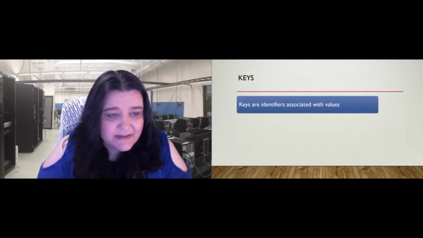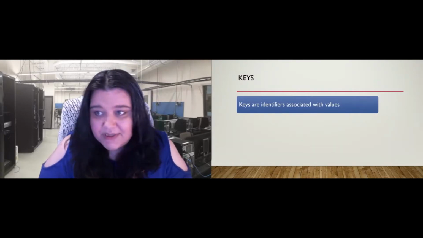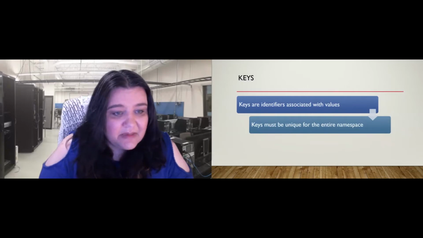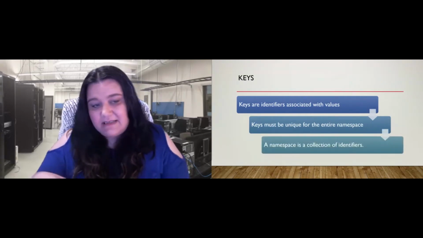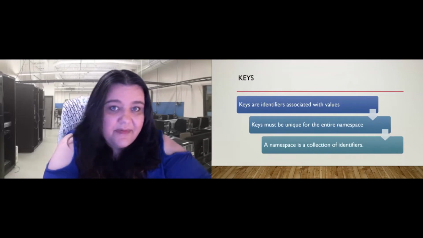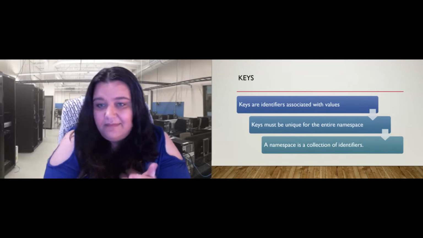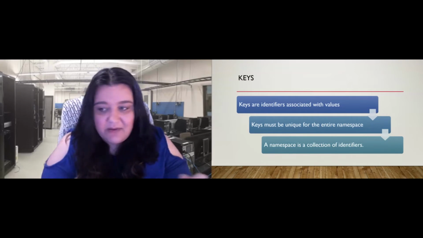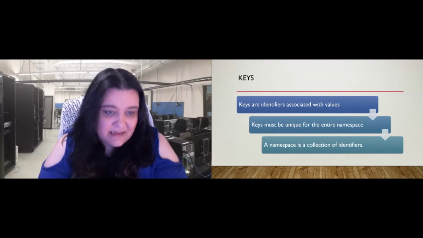So keys, just in case, are identifiers associated with values. They must be unique for the entire namespace, and a namespace is an entire collection of identifiers. So that namespace could be the entire database. However, it could be separate namespaces within a single database.